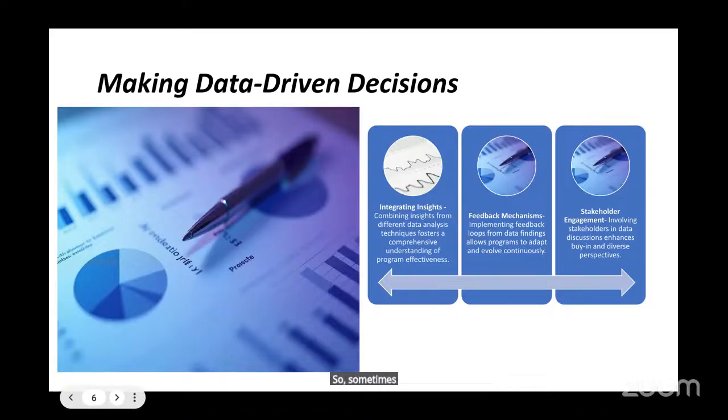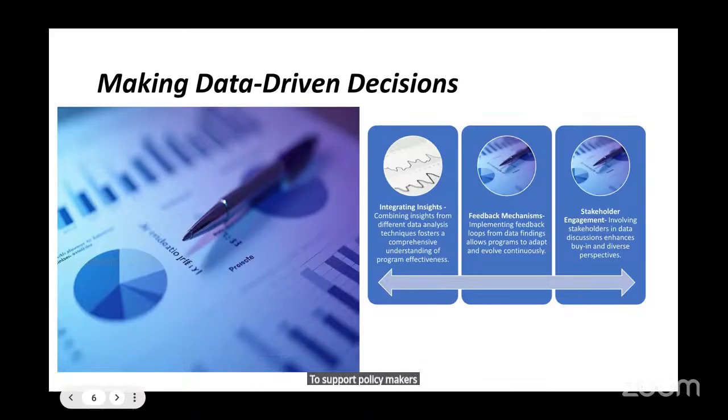Sometimes you might be working on your data set, you produce a lot of dashboards and stuff, but if the uptake is not there, then it's a waste of resource. So the ultimate goal is that there must be an evidence point of view in terms of making an informed decision, which is data-driven.